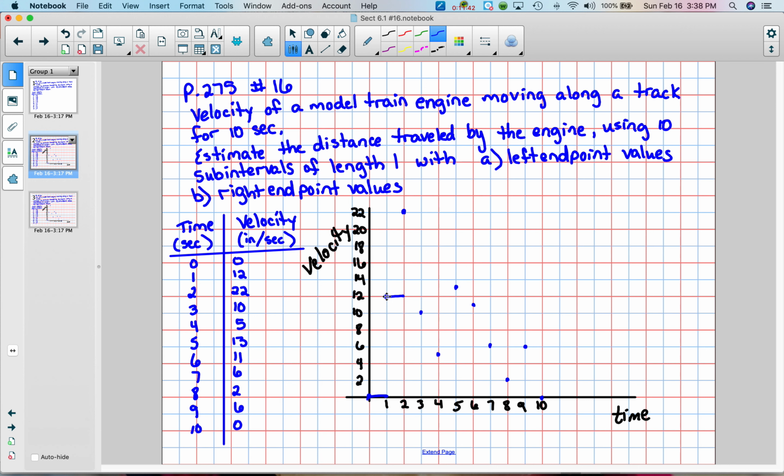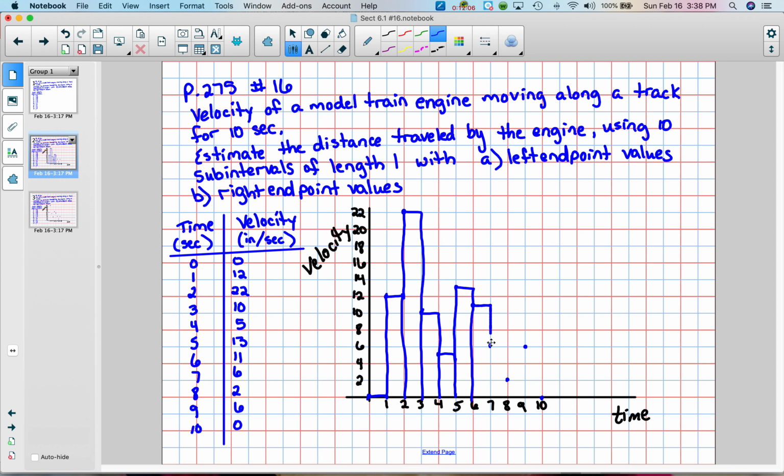So here would be my second rectangle. My third one would be using this. And then the next one would be here. The next one would be here. The next one here. I should have used a different color.